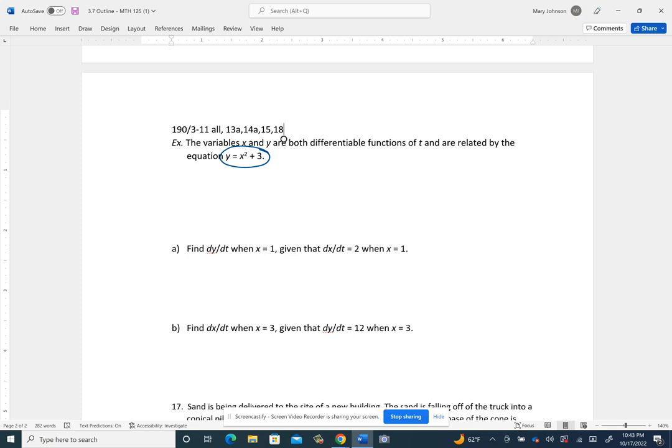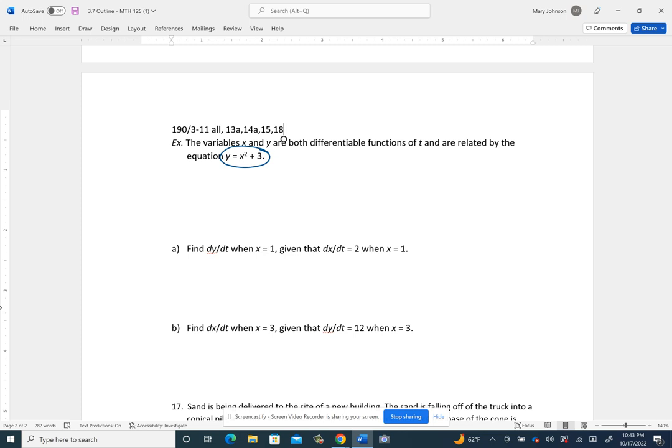This equation is going to be differentiable, and we're going to do it with respect to t on both sides. So we're thinking of both y and x as variables, and we're going to take the derivative, but with respect to this third variable, t, typically time.